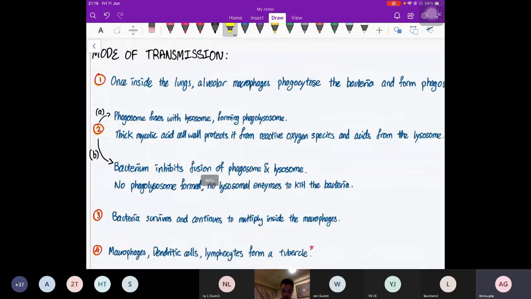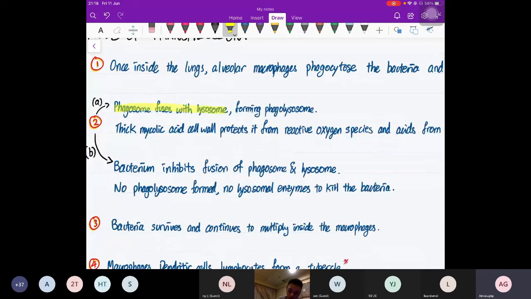So let's assume that happens. Your phagosome fuses with your lysosome, now forms a phagolysosome. But the natural next step in phagocytosis is it now has to digest the bacteria. But the special thing about Mycobacterium tuberculosis is that it has a thick mycolic acid cell wall.